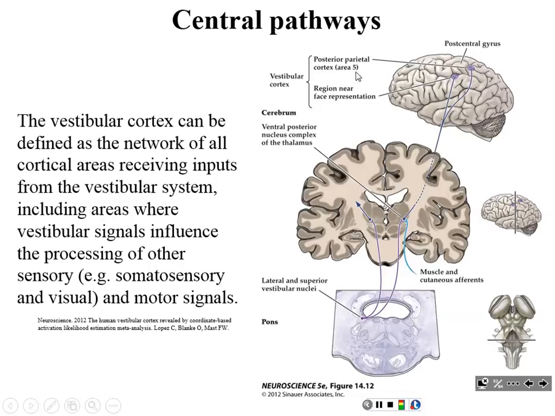But in these areas, there is also a lot of integration from somatosensory and visual information. When we move, basically we have to compensate and understand what is going on. And the information that comes from our body as well as the visual system helps in maintaining posture and gaze.